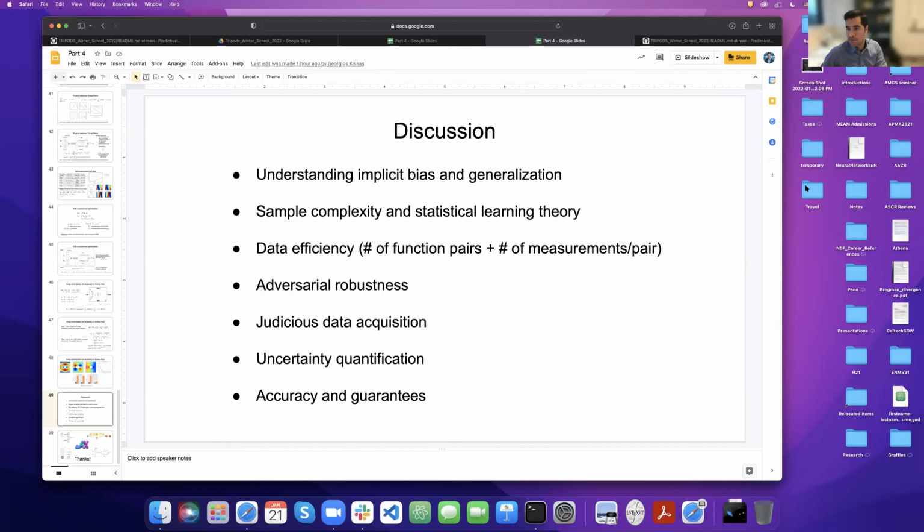Any thoughts on generalizability in the presence of bifurcations?